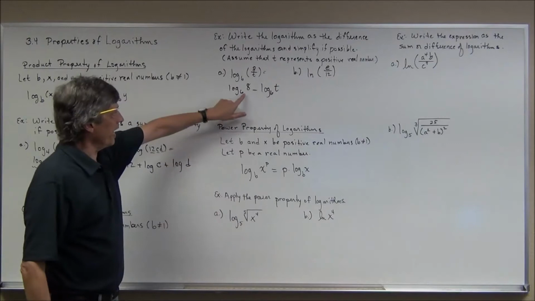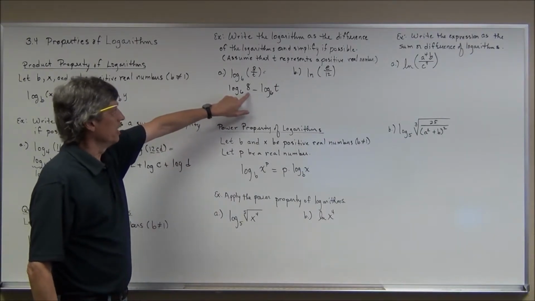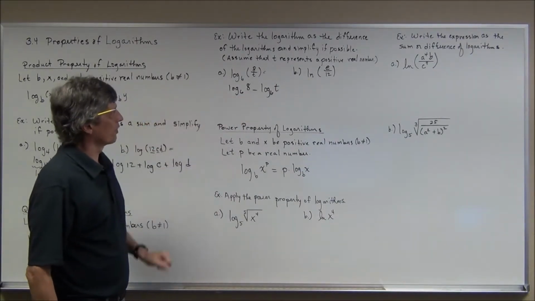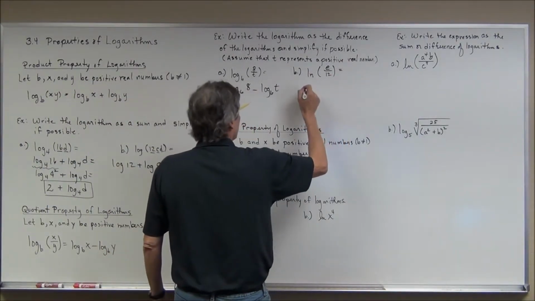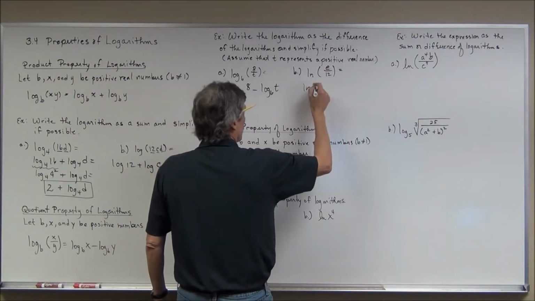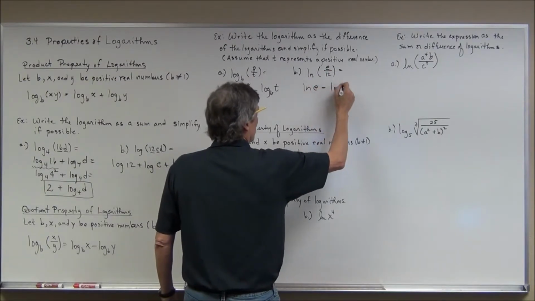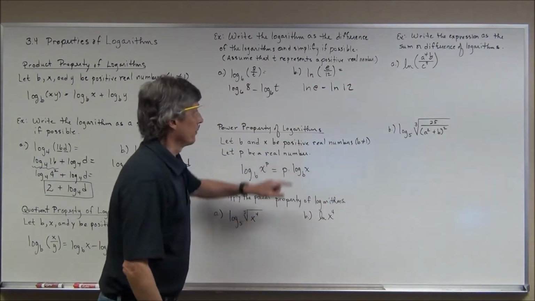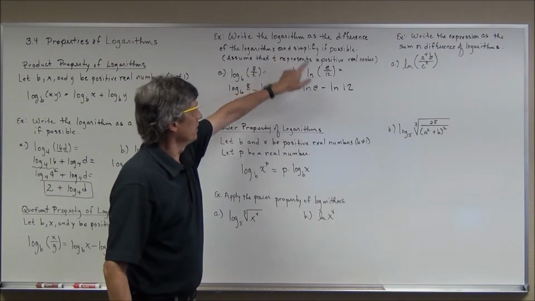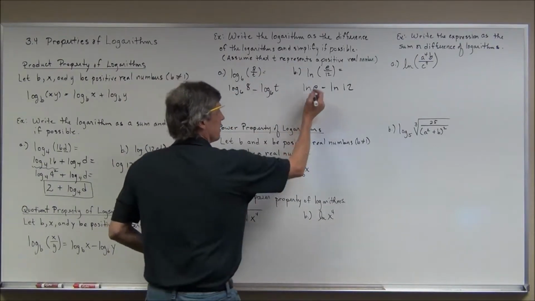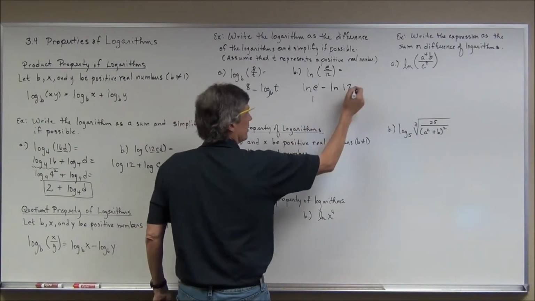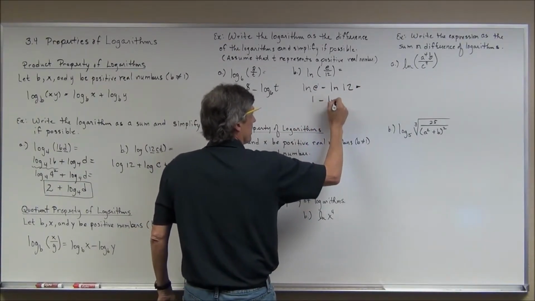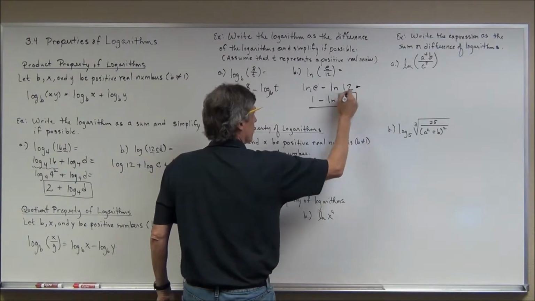Now I cannot write 8 conveniently as 6 raised to a power, so that's as far as that one would simplify. Over here, very similarly, natural log this time. This is the natural log of the numerator minus the natural log of the denominator. Now this one I can simplify a little bit, because the natural log of e, this is a base e logarithm, and this is e to the first power, so this is just 1 minus the natural log of 12. And that's as far as that one will simplify.